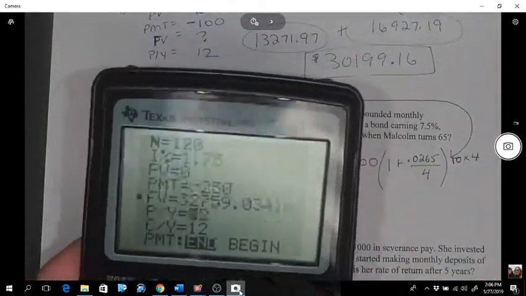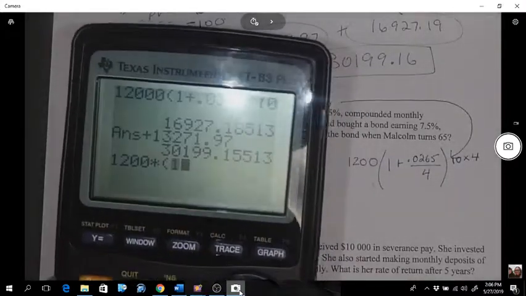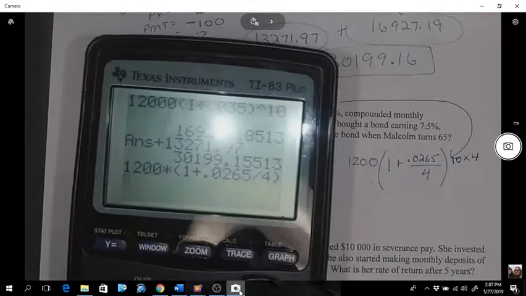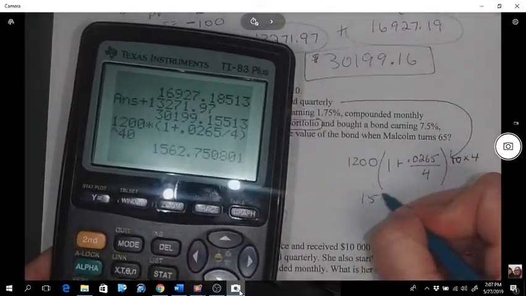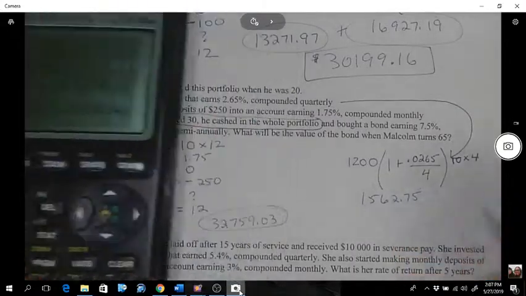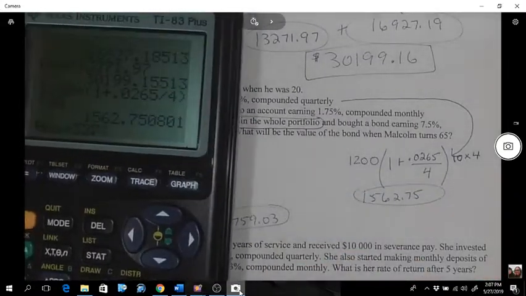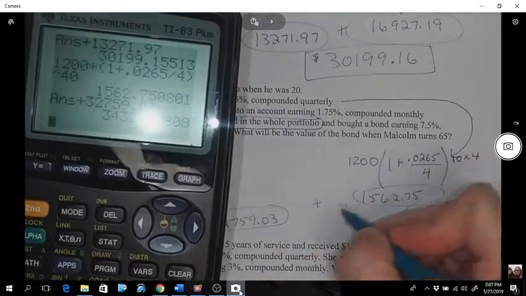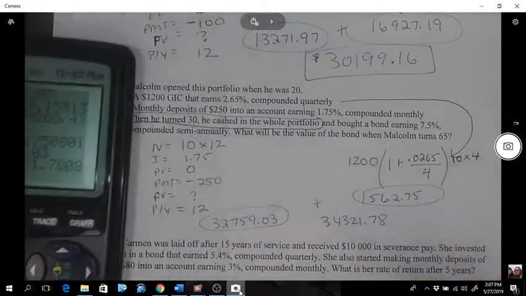And then the compound interest part: 1200 times 1 plus 0.0265 divided by 4, to the 40. Let's add that together, and we get 34,321.78.